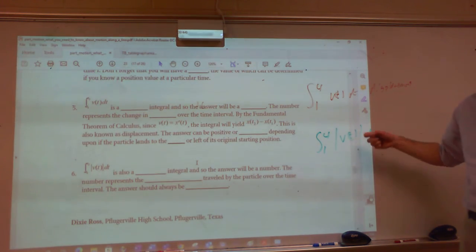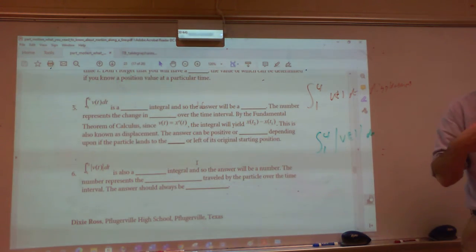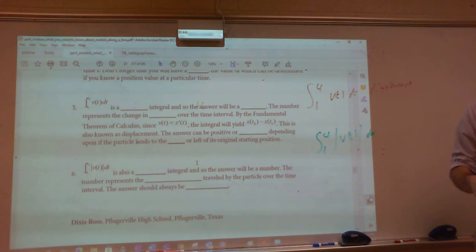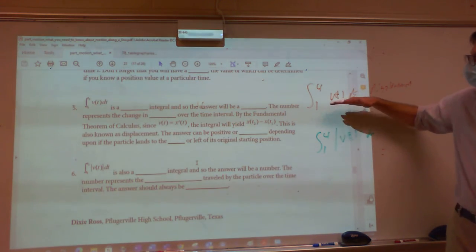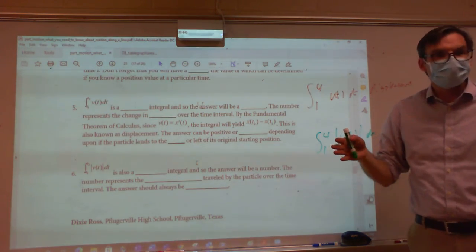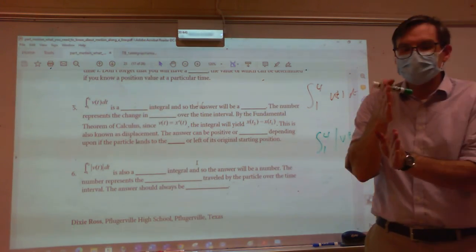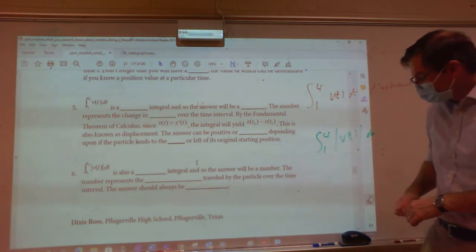The first time I heard that, it wasn't intuitive to me. If I think about the picture, it is. But just finding the area of velocity doesn't tell you how far you walked, it tells you your distance from where you started. This tells us how far I walked, and that's a big deal.